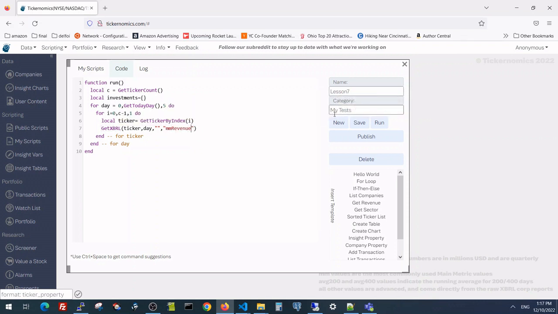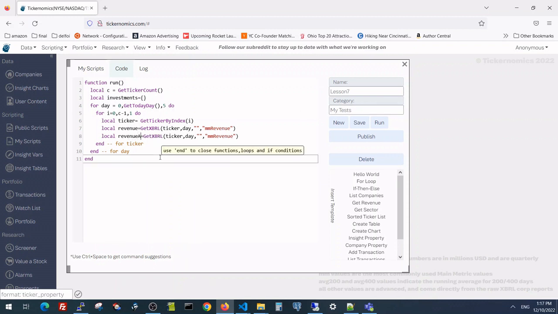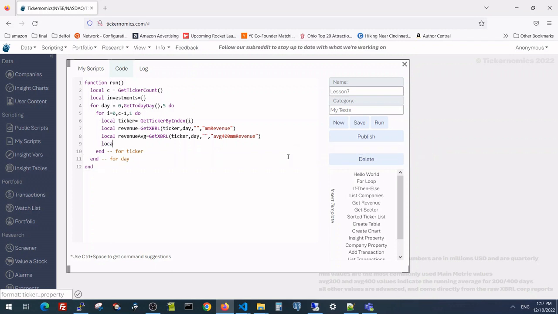Okay, this is our revenue. And we will also get our 400-day average revenue. Okay, and we'll do the same for stock price.